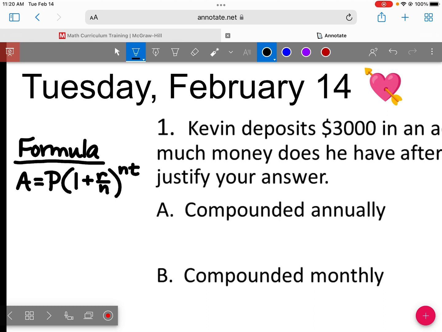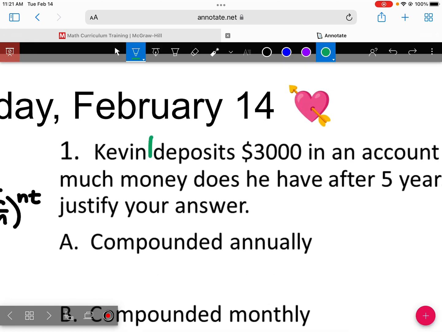All right. So let's figure out what to substitute in for each of these pieces. For part A, what would I put in for the capital P? 3,000. That is the principal. That is the starting amount.